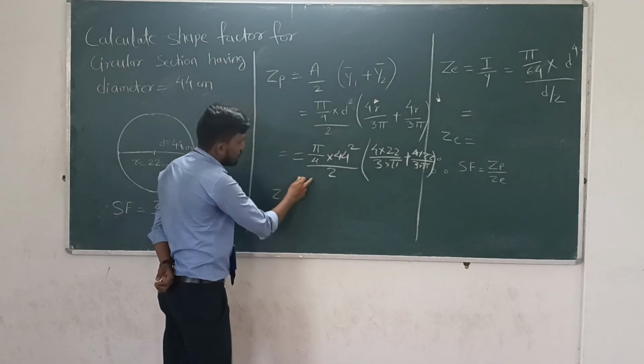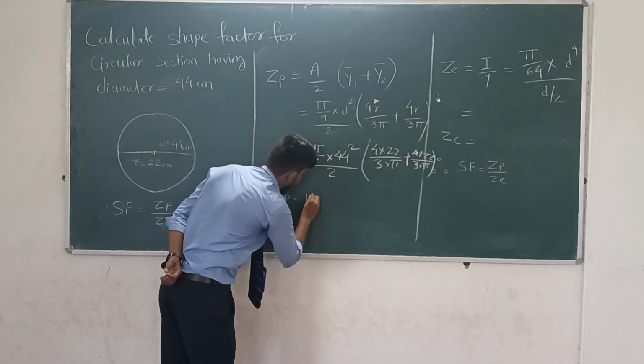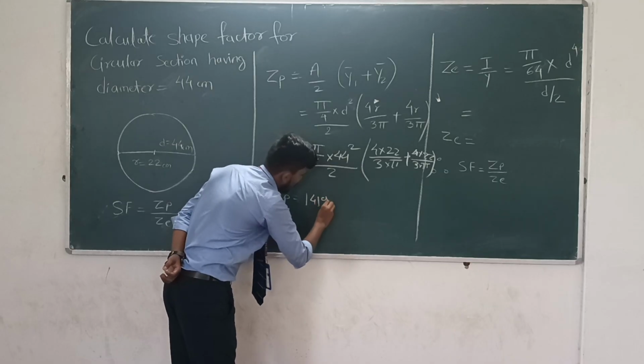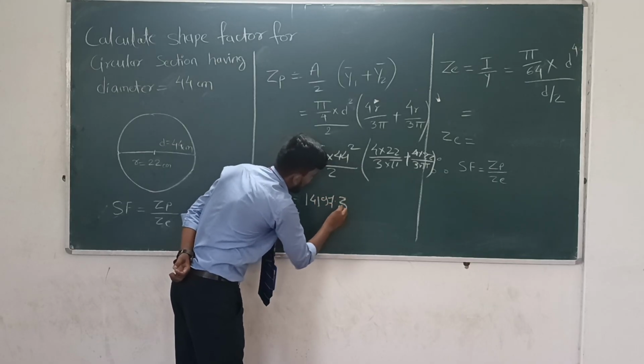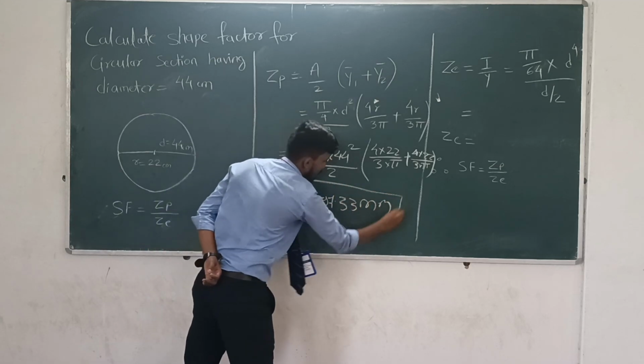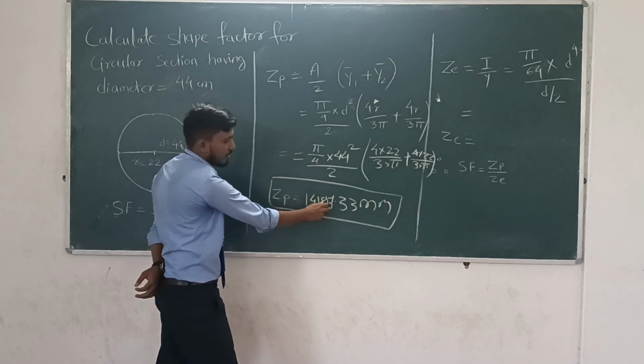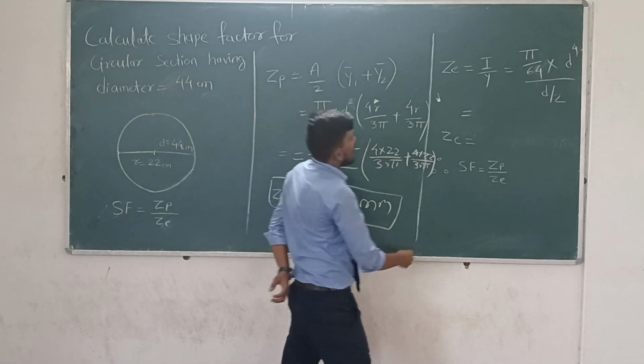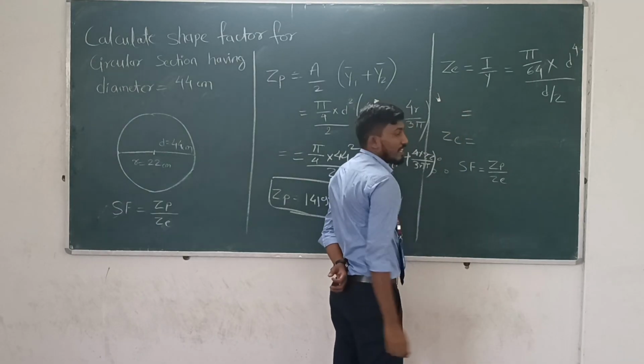Put the values and the answer is 14197.33 mm cube. The Zp is 14197.33 mm cube.